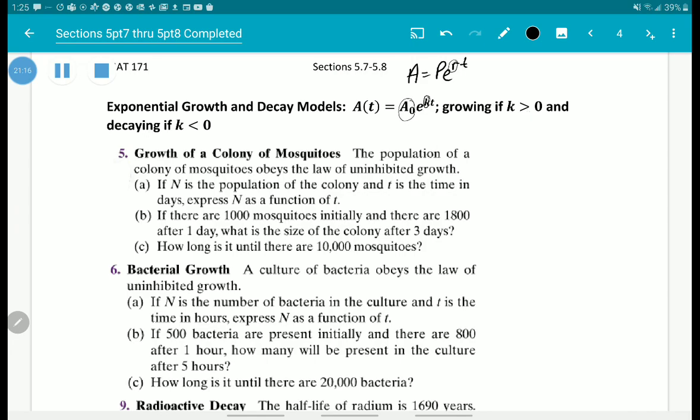That's why when we talked about money problems, we always had more in our account, because our interest rate was always positive. You're going to be decaying, losing amounts, if our K value ends up being a negative number. That usually happens when we talk about radioactive decay.